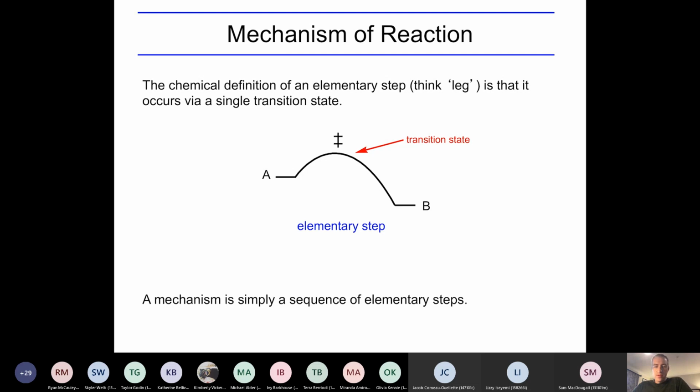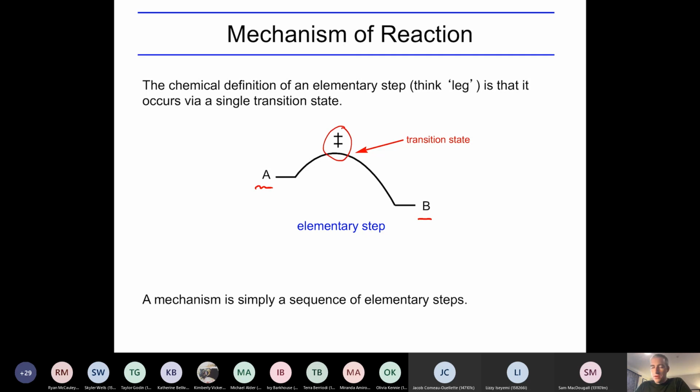An elementary step in chemistry basically starts with some chemical species, A, and it goes to some other chemical species, B, through a single step. If you think back to the kinetics chapter, that step will have an energy barrier. At the top of that barrier, we have what we call the high energy state.